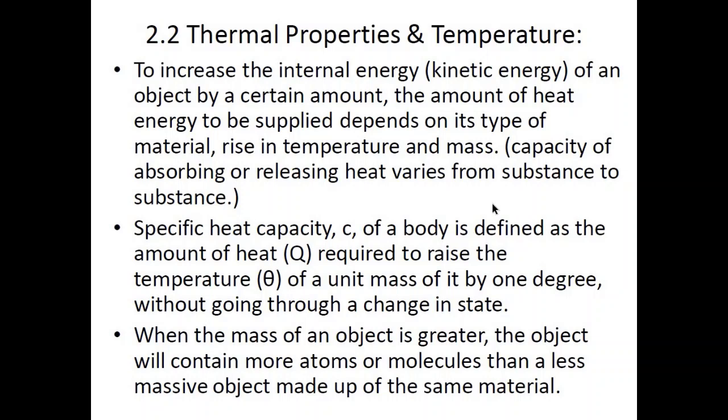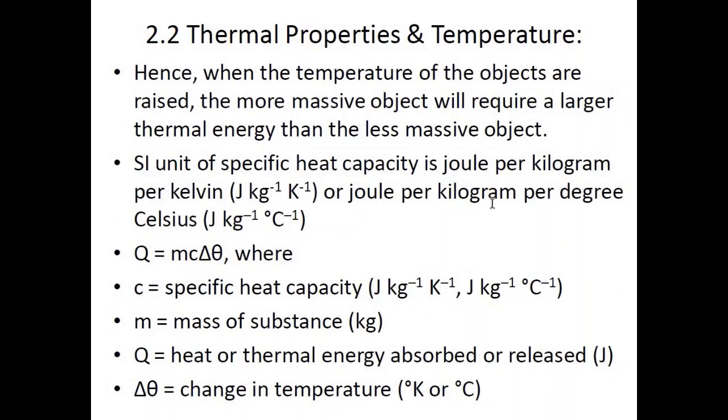When the mass of an object is greater, the object will contain more atoms or molecules. Hence, when the temperature of the object is raised, the more massive object will require a larger thermal energy.